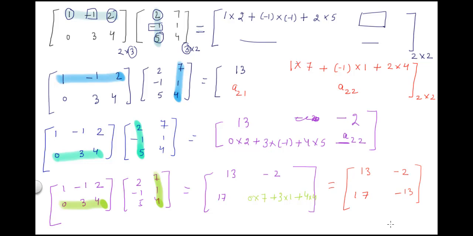Clear? Now one more property to remember here is, if AB is defined, suppose you have two matrices A and B and the product AB is defined, then it is not necessary that BA will also be defined. Just for an example, suppose I give you matrix A and the elements in matrix A are 6, 9, 2, 3.